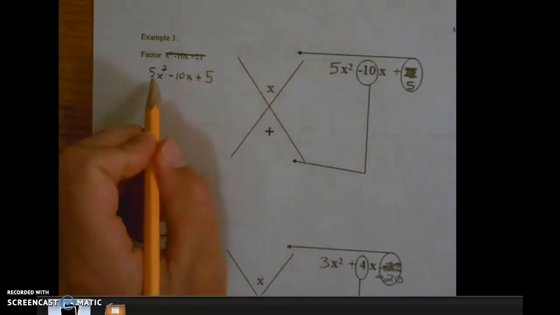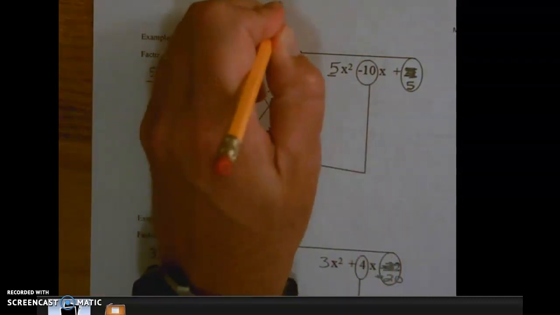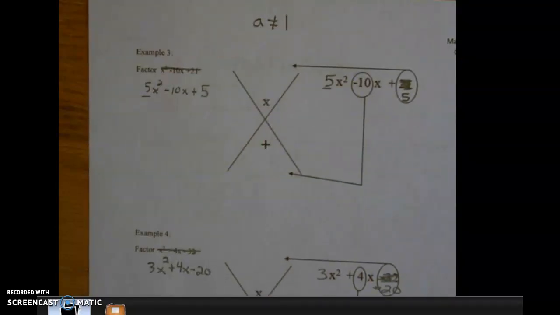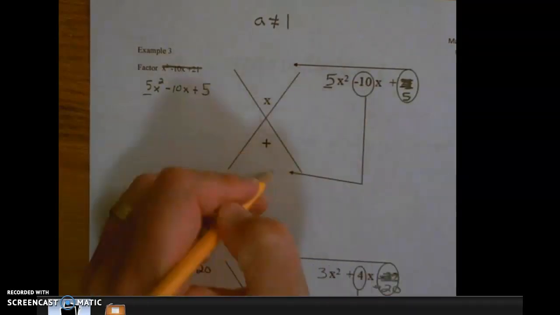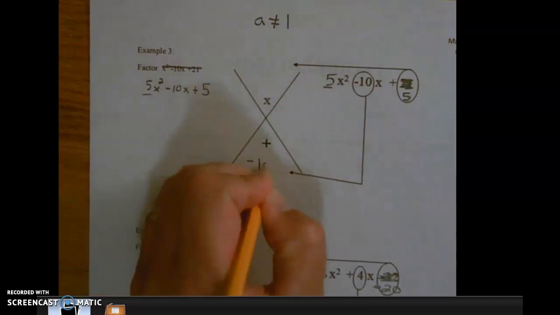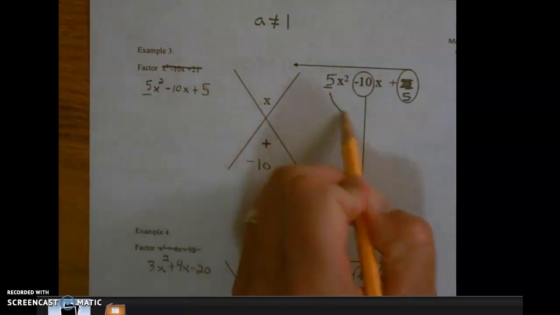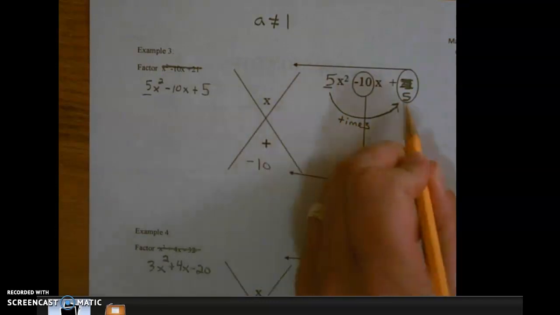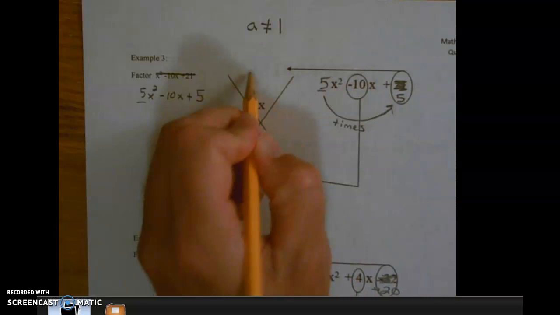Notice that our a value is not 1. So these types of problems involve a values that do not equal a positive 1. So you're going to draw your x. You're going to move your b value down below. Now here's where it's a little bit different. You need to multiply the a value times the c value. So 5 times 5, and that's going to go on top.